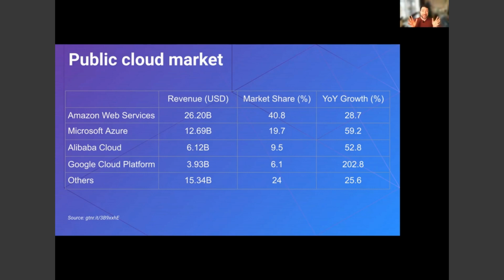Not just us nerds, but every single industry across the entire planet, every market sector, everywhere, spending money on the cloud. Alibaba often doesn't get included in conversations about public cloud in certain spheres, right? But they're huge, okay? $6 billion in revenue, 9% market share, over 50% year-over-year growth. GCP, look at that year-over-year growth, 200%.